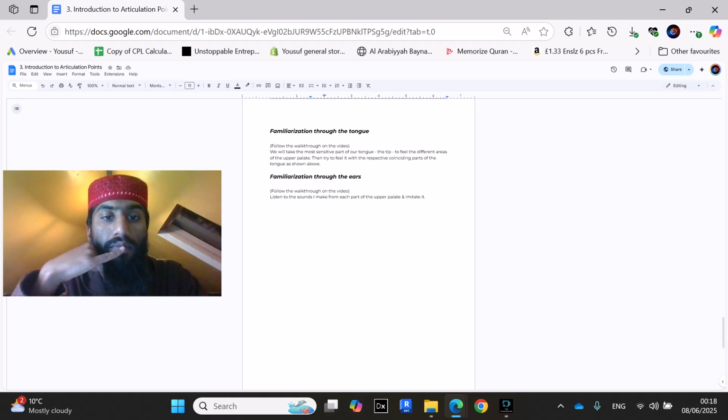Then if you go to the pre-palate area, where it meets the hard palate as well, that is where ya, sheen, and jim come from. Those sounds come from the middle of the tongue.